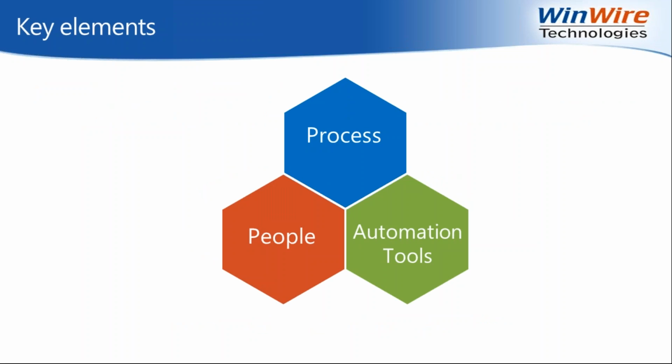There are a few key elements of DevOps. The first is process, focused on optimizing the effectiveness and predictability of the whole ALM, application lifecycle management. Second is people, deviating from our traditional team system to have cross-functional teams so that no team works in a silo. Your operations team understands what your development team is doing, and your development team understands how the application is going to be deployed. The whole concept is around production first.